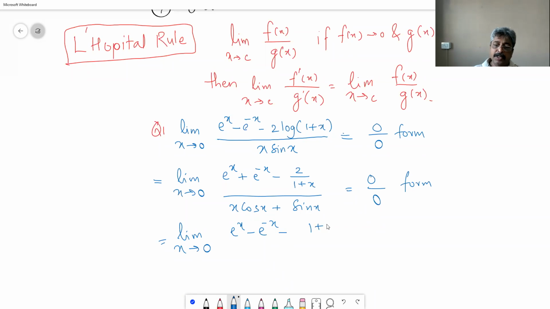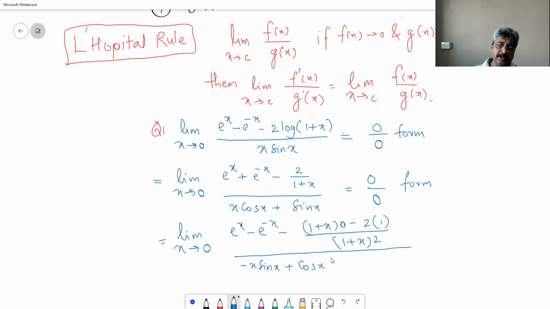Minus 1 plus x into 0 minus 2 into 1 upon (1 plus x) whole square. That is the derivative of this term, the denominator. What is the derivative of the denominator? Minus x sin x plus cos x plus cos x. Is that right?